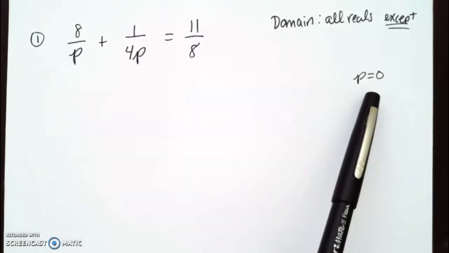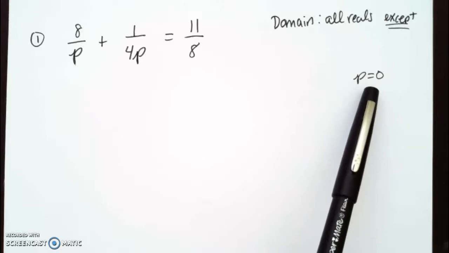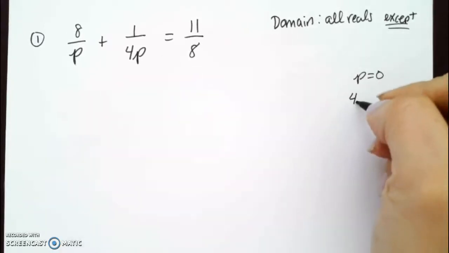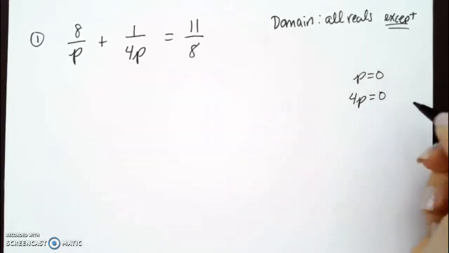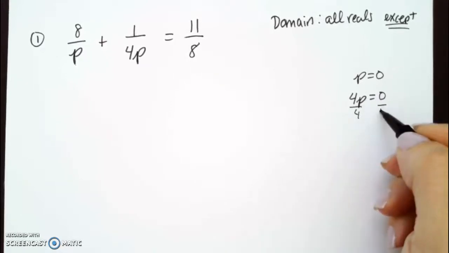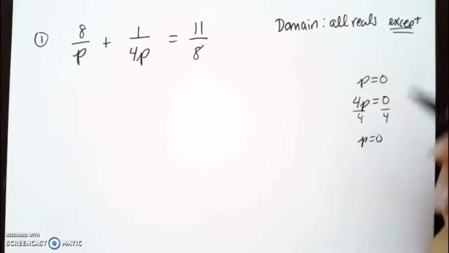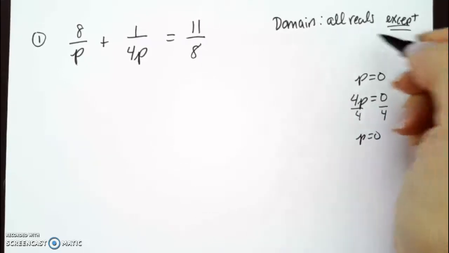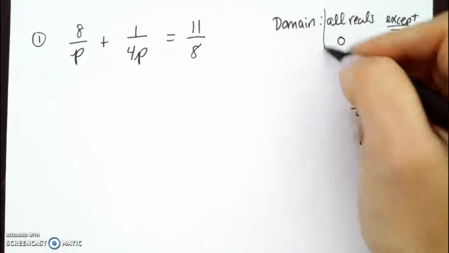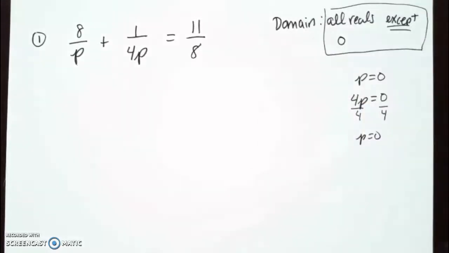We have one value that we're excluding, 0 itself. And then even if I look at the other denominator, set that equal to 0, and solve that equation, I also get p equals 0. So the only value that we are excluding is 0 itself. So all reals except 0. We'll use that to check our solution, to make sure our solution does not end up being 0.